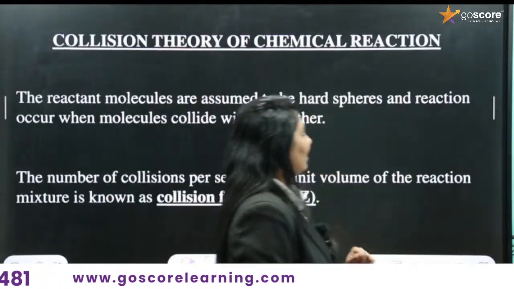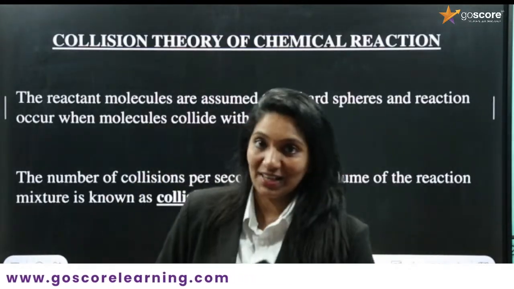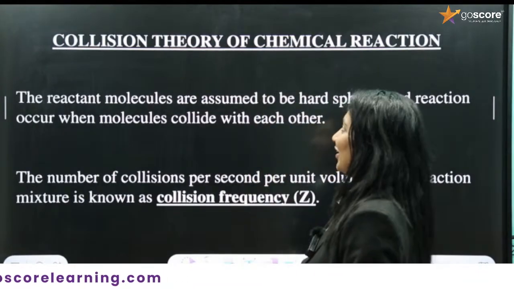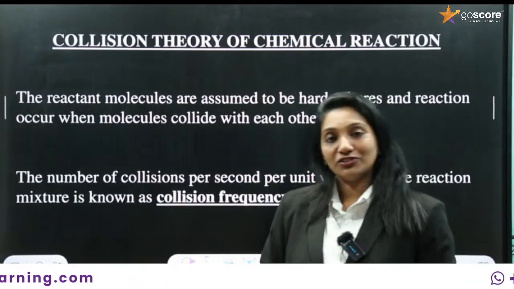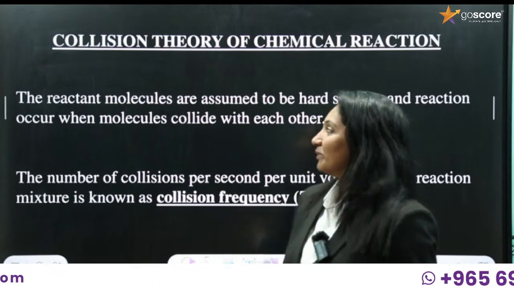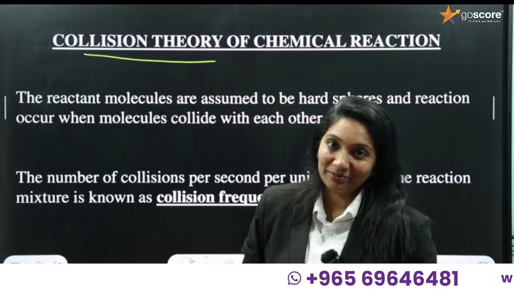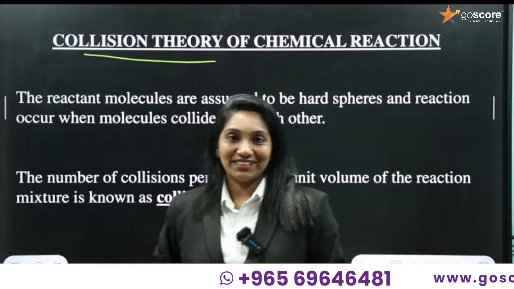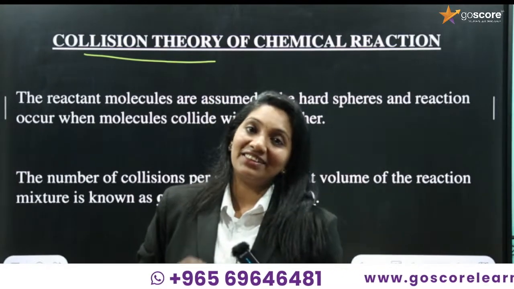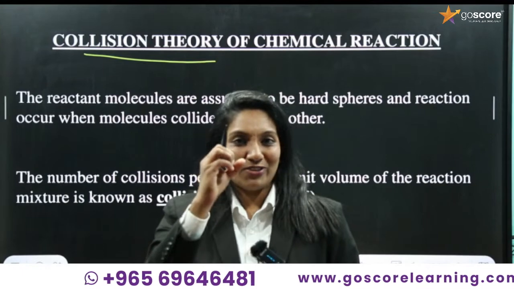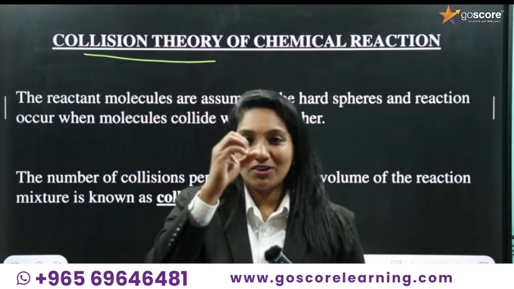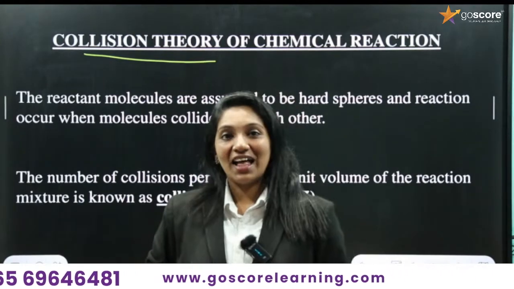Now let's see another term in this chapter, that is the collision theory of molecules. Okay. From the word itself we can learn what the collision theory is. According to collision theory, we will consider the reactant molecules as small spheres, small spherical structures.